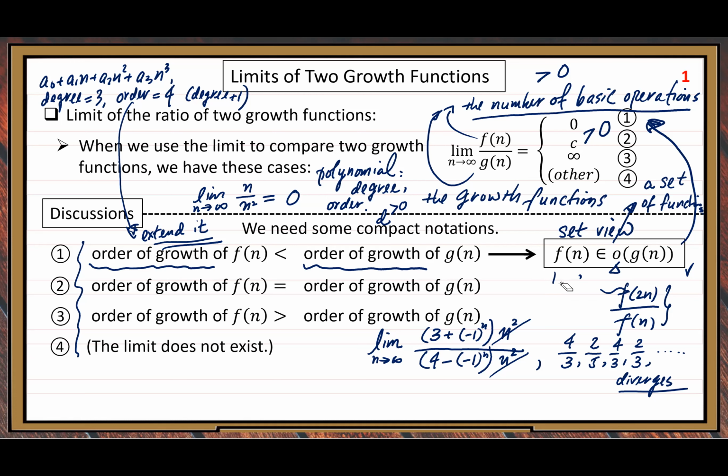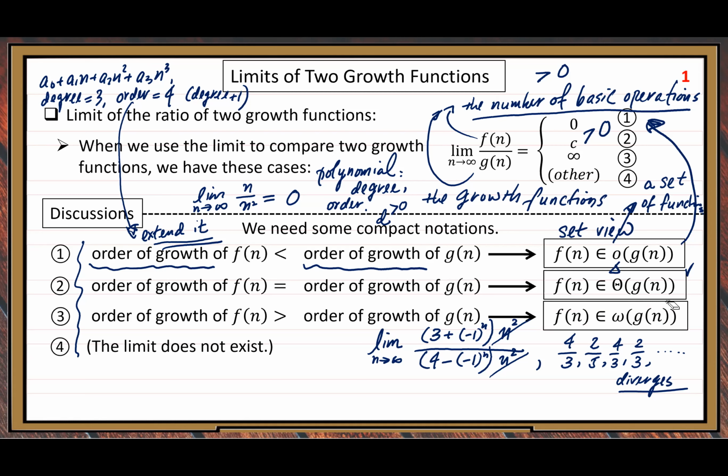Similarly, for other cases, we have similar notations. Second one, f of n belongs to big theta of g of n, another set. The third case, f of n belongs to little omega of g of n.